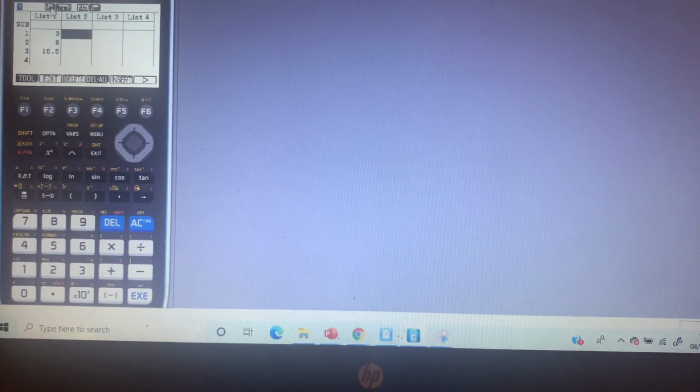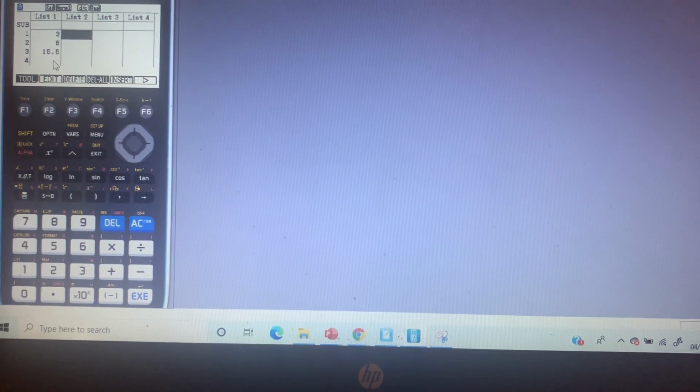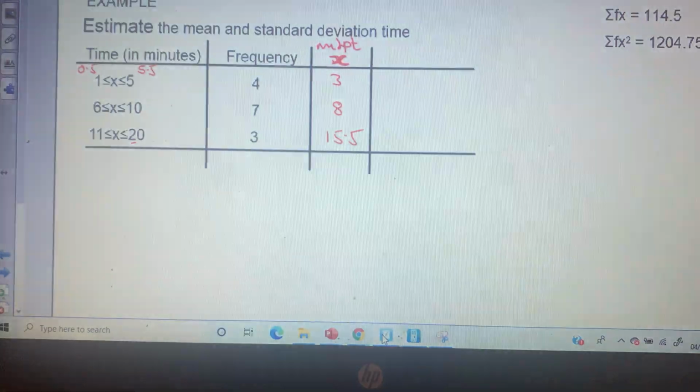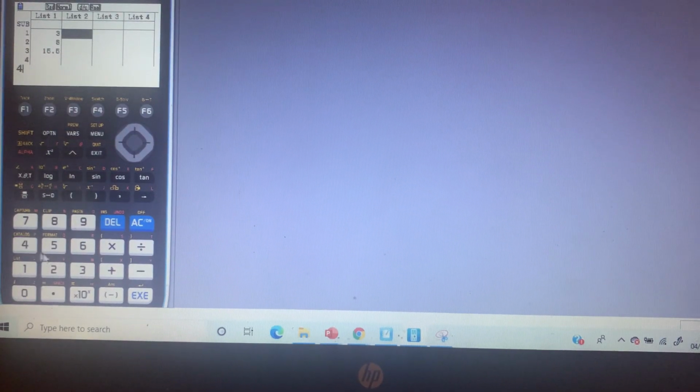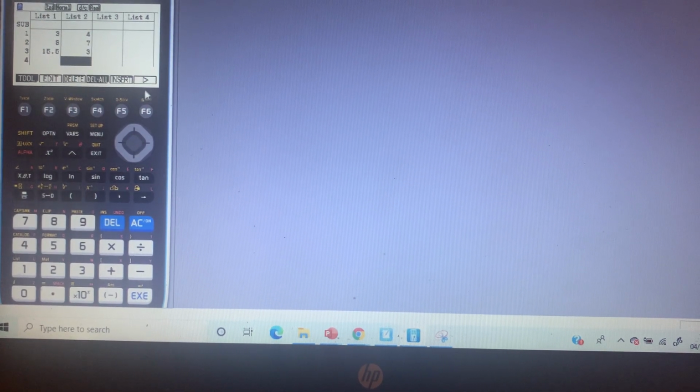It's always x values; you've set your calculator up for this. You can change it, but I just don't want to change mine. List 2 are my frequencies, and if you go back, my frequencies were 4, 7 and 3. Okay, fantastic.